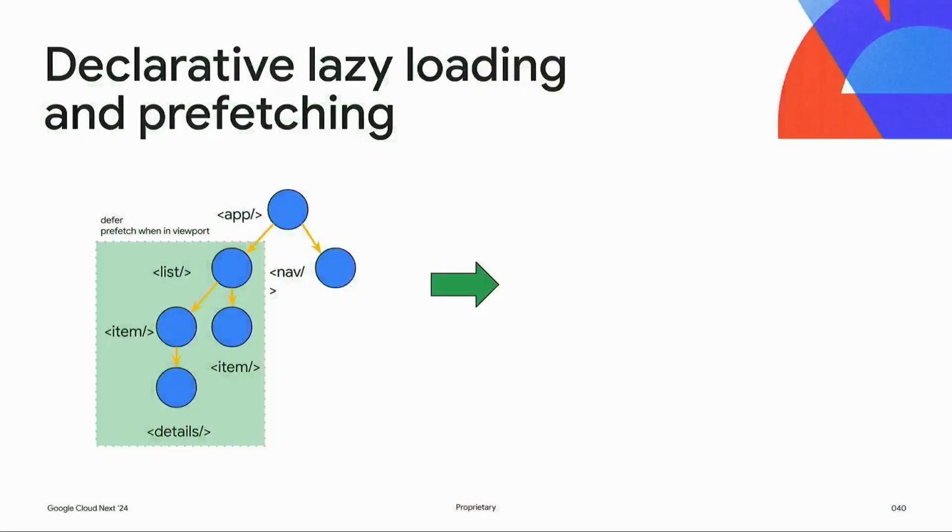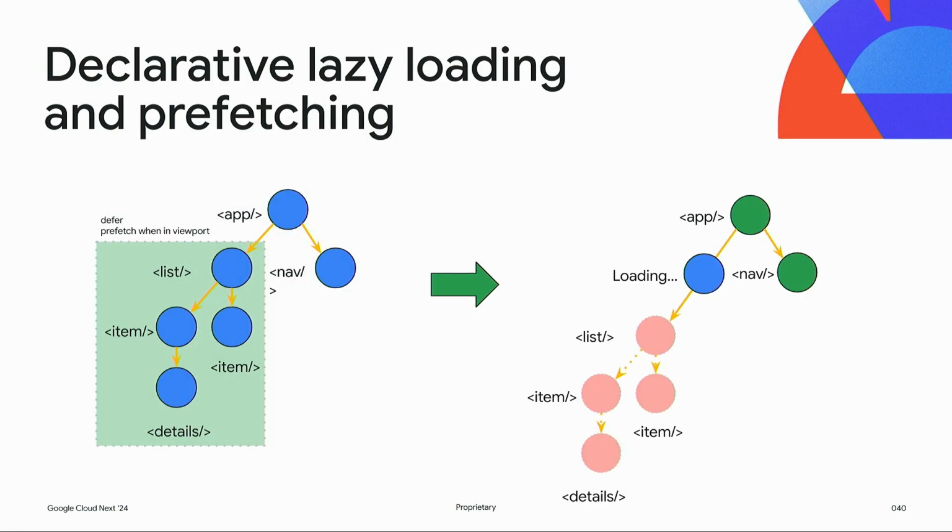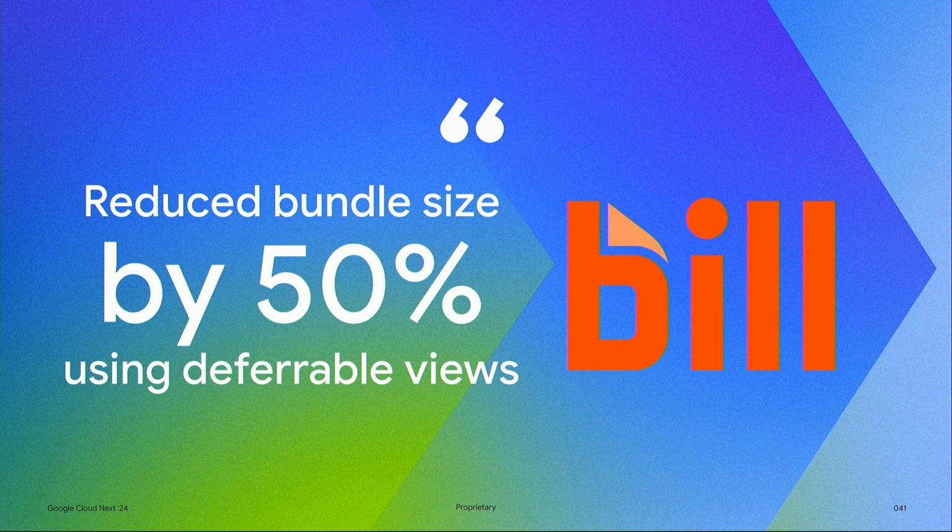And all of these amazing features are available now either in developer preview or ready for production. Using those deferrable views with control flow, one customer, Bill.com, saw a 50% reduction in their bundle size. So again, purely out of the box, a lot of performance gains there.